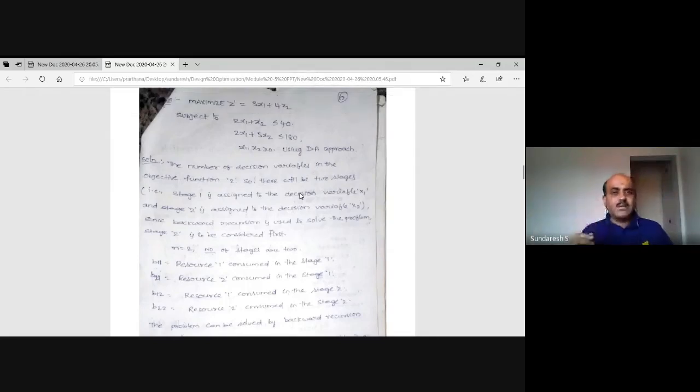The problem is: maximize z equals 3x1 plus 4x2, subject to the constraints 2x1 plus x2 less than or equal to 40, and the second constraint 2x1 plus 5x2 less than or equal to 180.